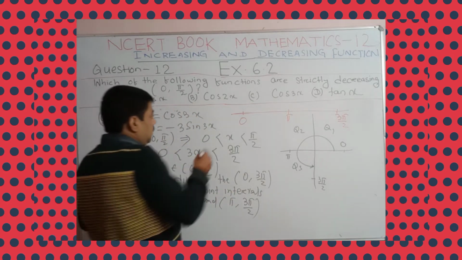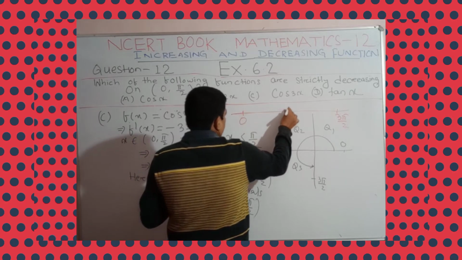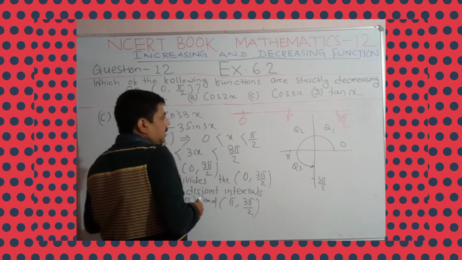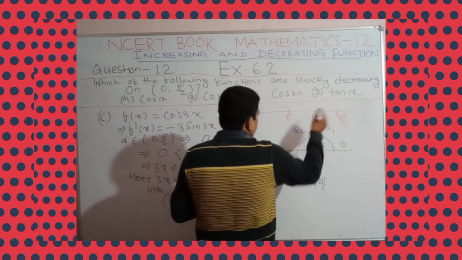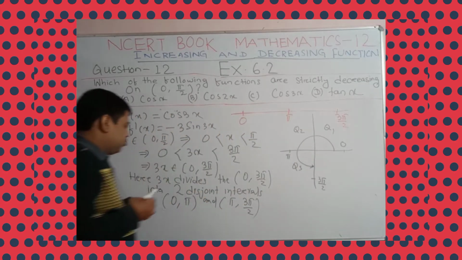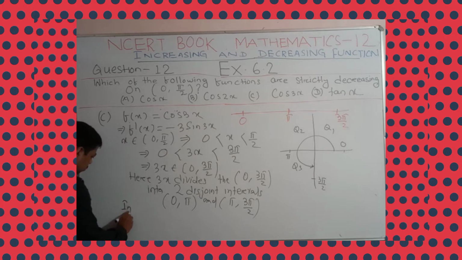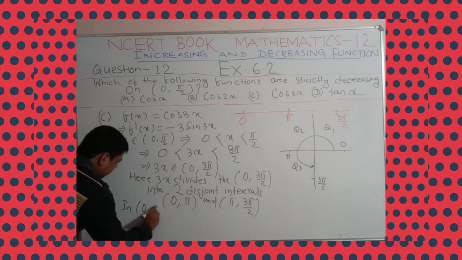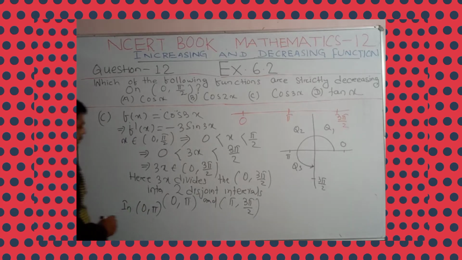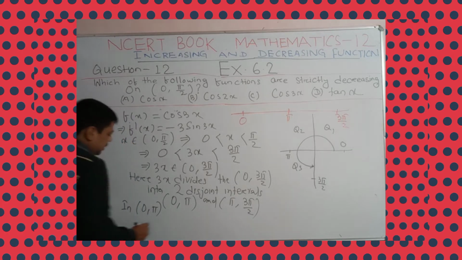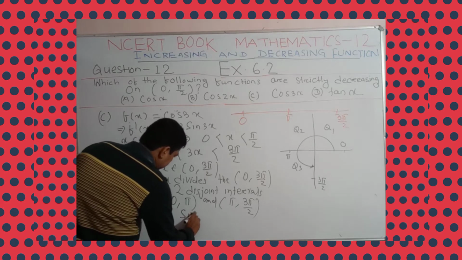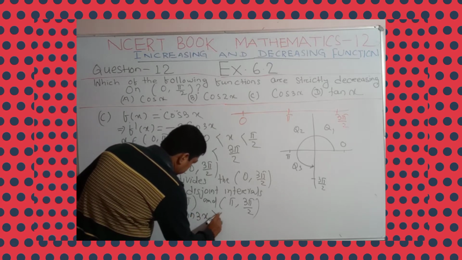In the interval 0 to pi, you have to check whether the function is increasing or decreasing. And in the interval pi to 3 pi by 2, you have to check whether the function is strictly increasing or decreasing. Okay, understand? In the interval 0 to pi, sin 3x is greater than 0.